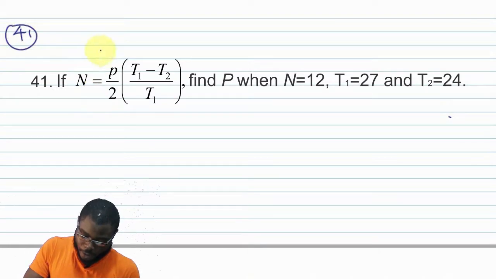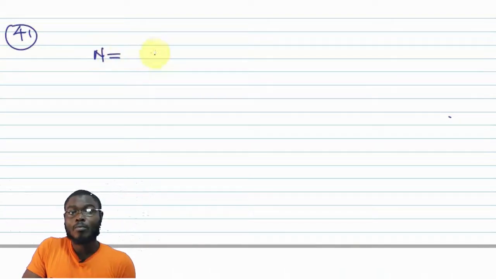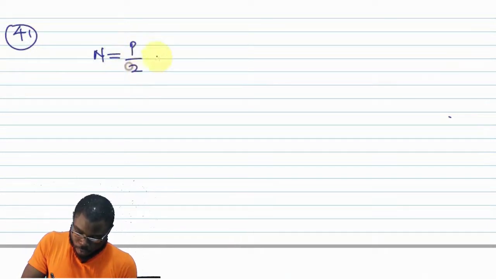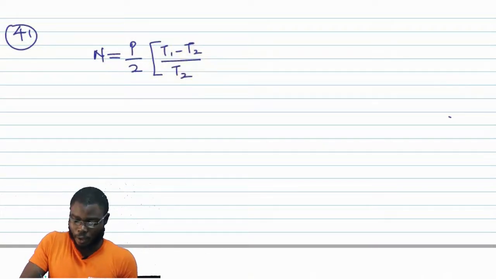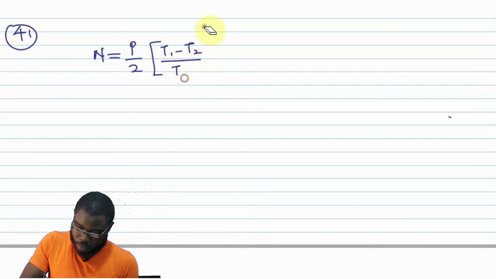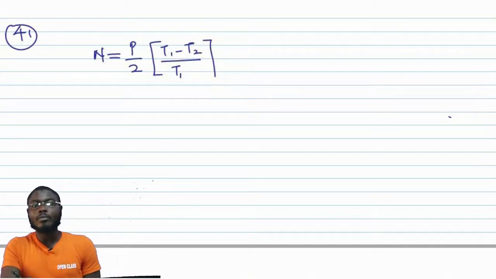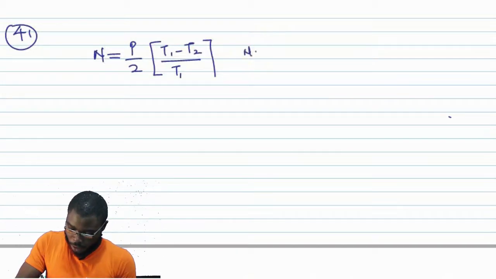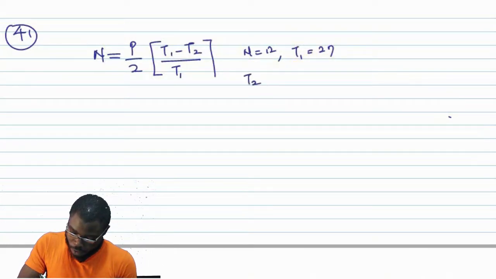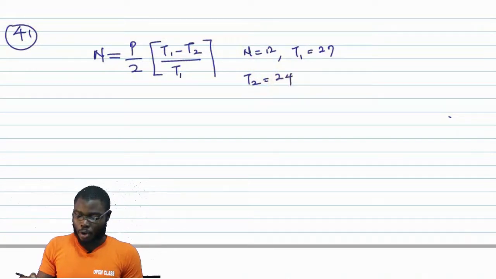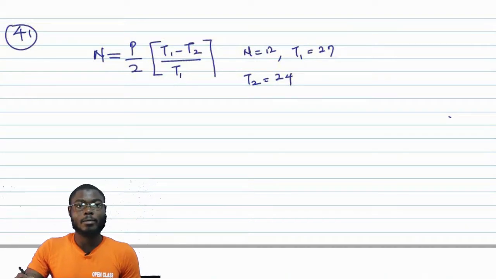So we have n equals p over 2 times (t1 minus t2) all over t1. If n is 12, t1 is 27, and t2 is 24, we should find p.